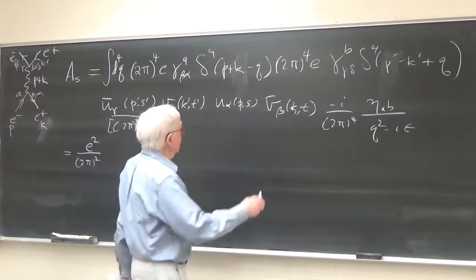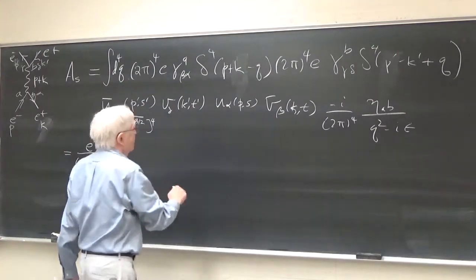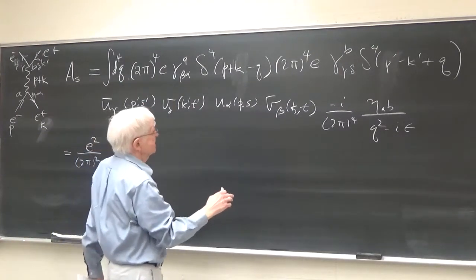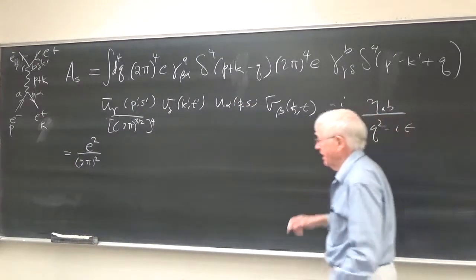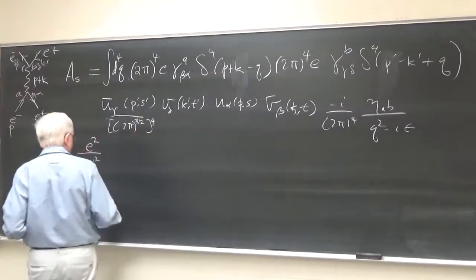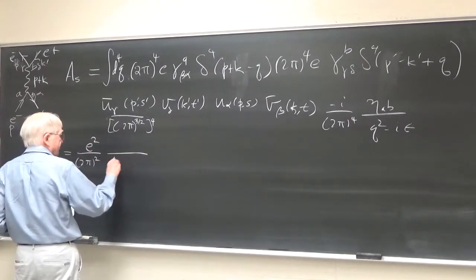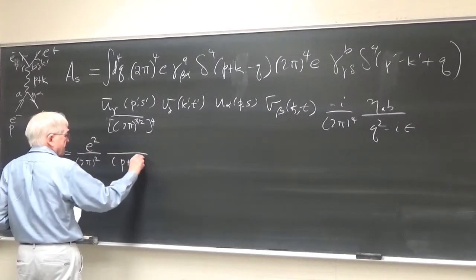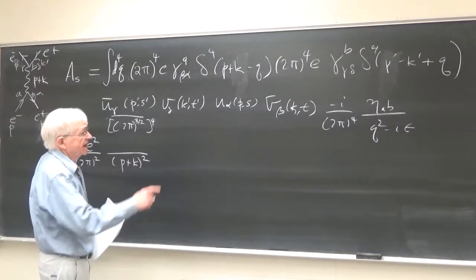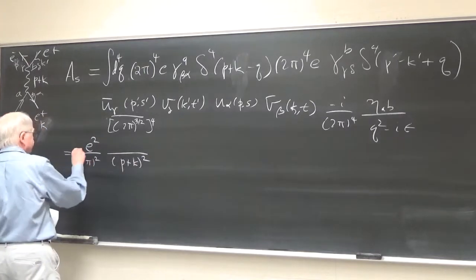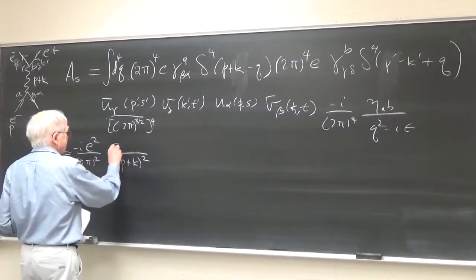When we integrate over d^4q, the first delta function tells us to set q equal to p plus k. So we're going to have (p plus k) squared. There's a minus i, and there's an eta AB.